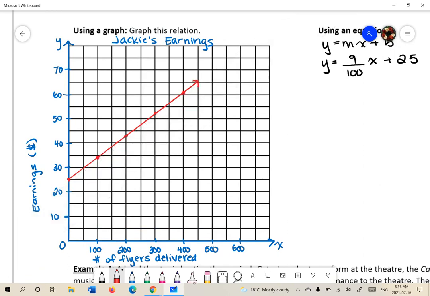And writing my equation to label my line on my graph.